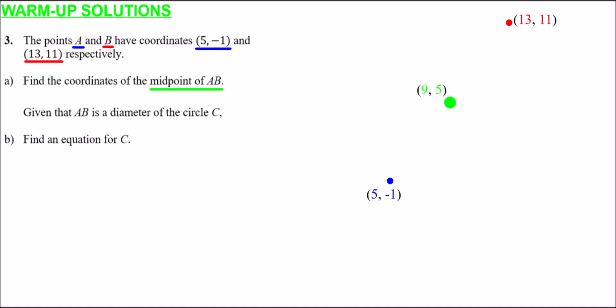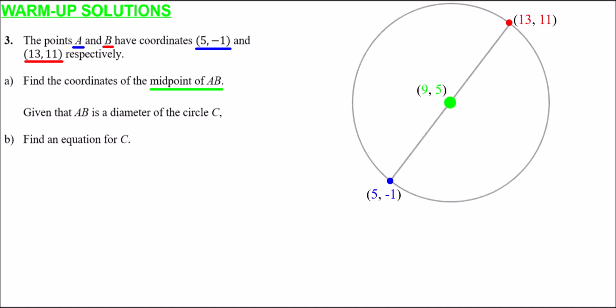Next, we're told that AB is the diameter of the circle, so we need to find an equation for C. So because AB is a diameter, we can then picture the circle overlaid on top, and to work out the equation for C, a necessary component is to work out the radius of this circle squared. Now I can do this because I know the centre's 9, 5, and this point here, for example, is 13, 11.